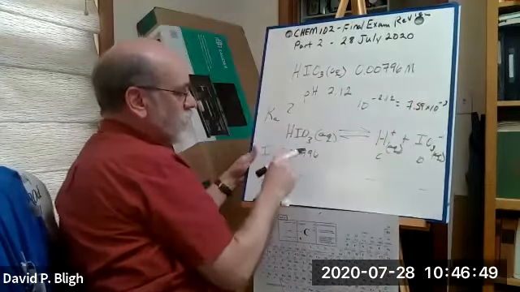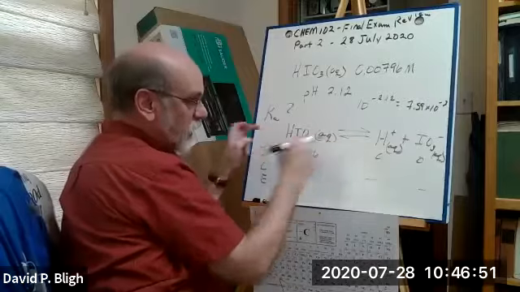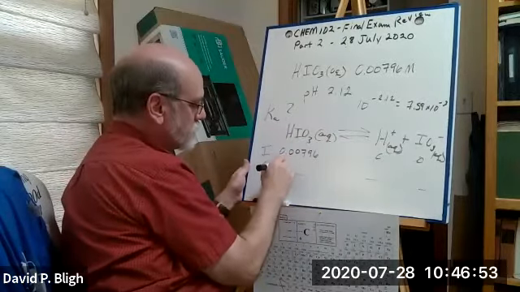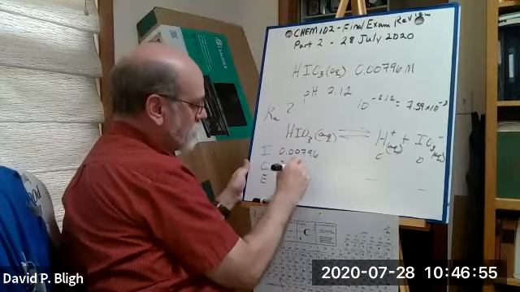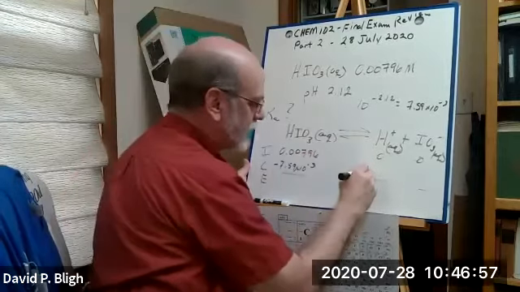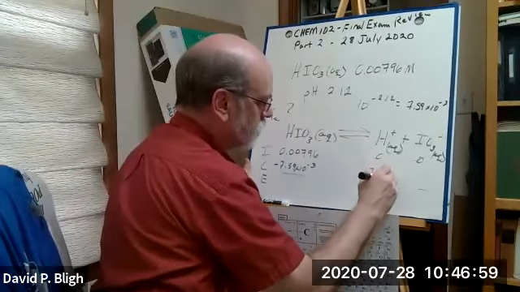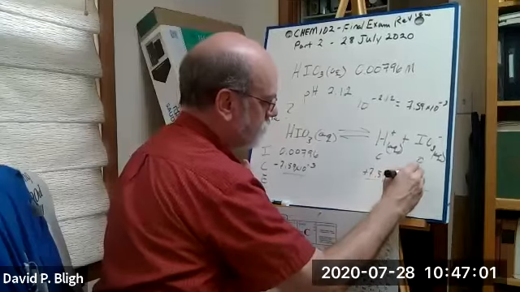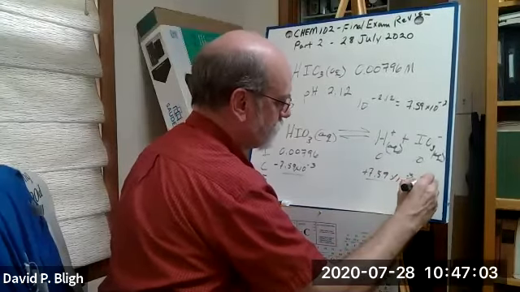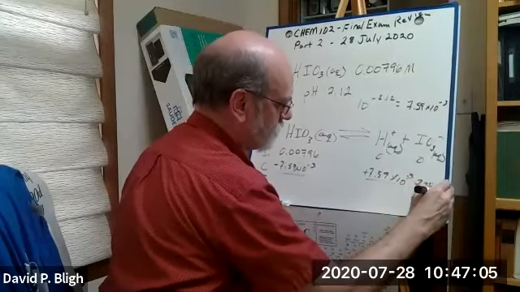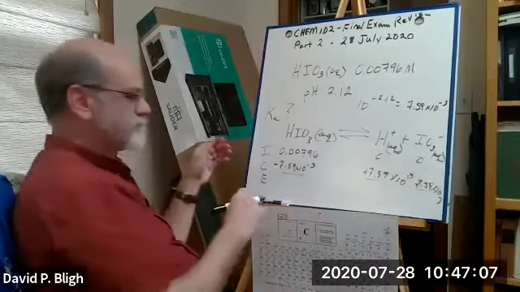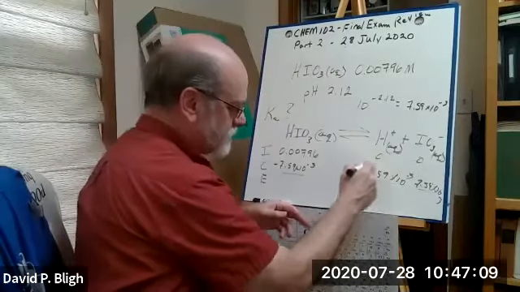So now we're going to lose that much since it's 1 to 1. We're going to lose this much and gain this much. Okay. These are obvious.